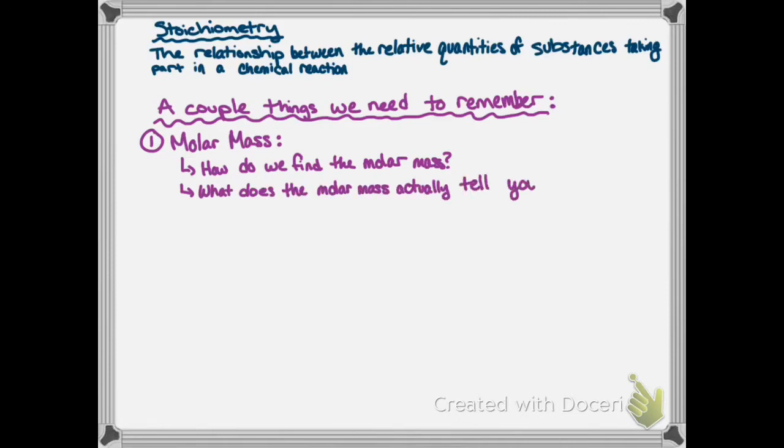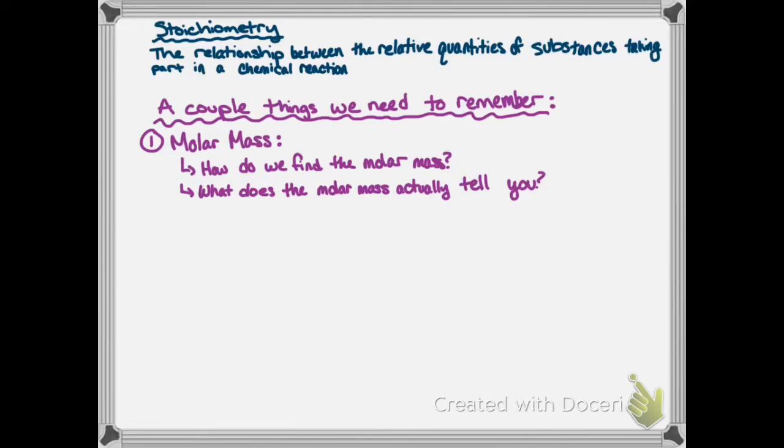Do you guys remember what the molar mass really tells us? Okay, yes, you guys were perfect. The molar mass tells us the amount of grams that we have for every 1 mole. And 1 mole is just a huge number of particles that we don't need to remember at the moment. But we do need to know that 1 mole is the only way we can compare two different substances.